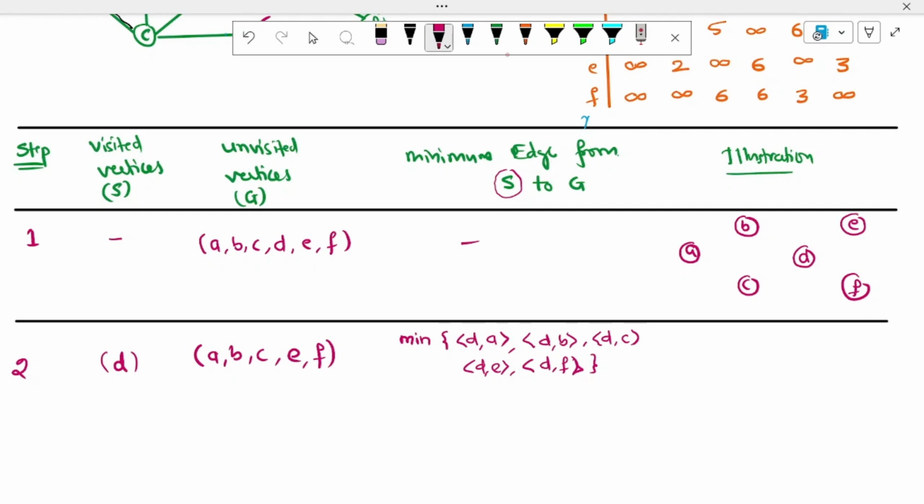There are a total of 5 edges. It means D to A, D to B, D to C, D to E, D to F.